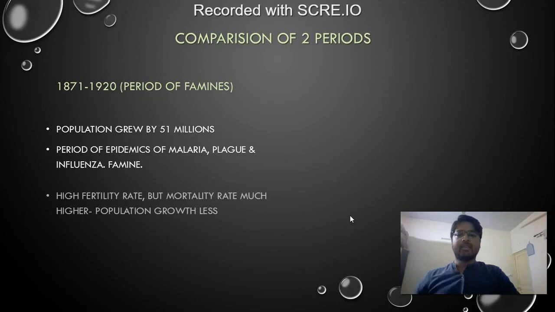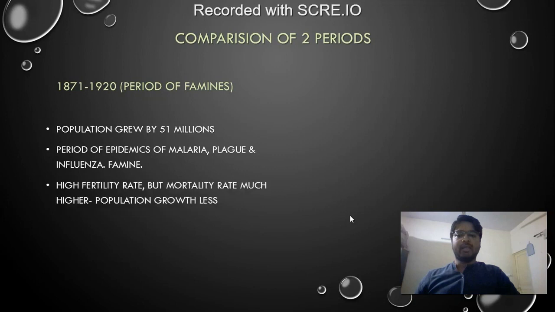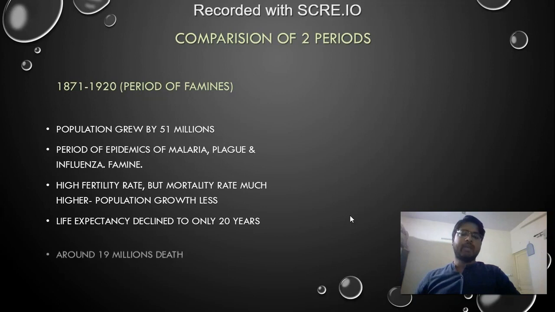Fertility was much higher, population growth was less, and life expectancy declined during that period. It is estimated that around 19 million people died during that period.